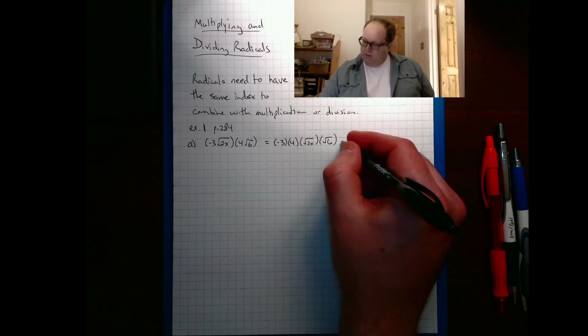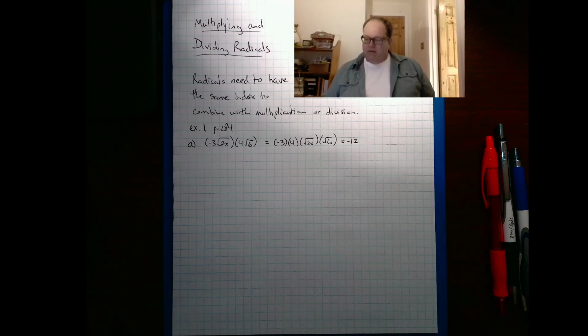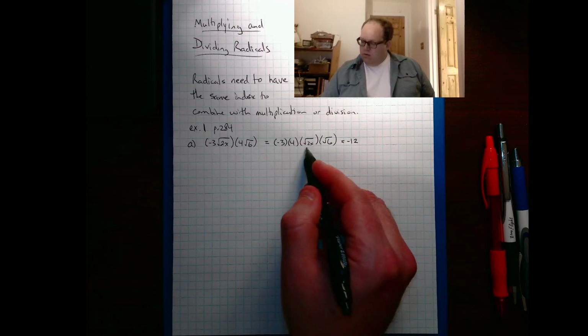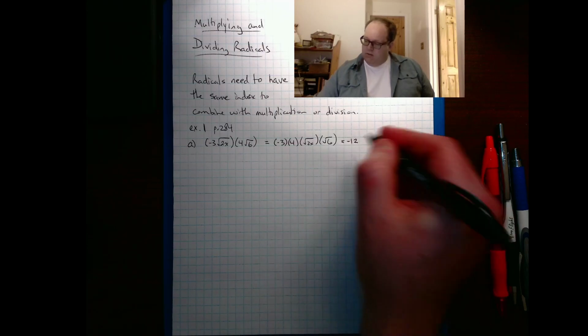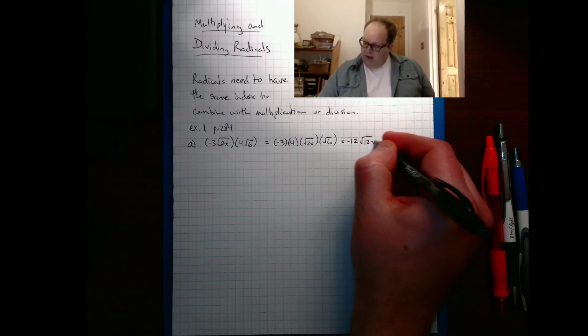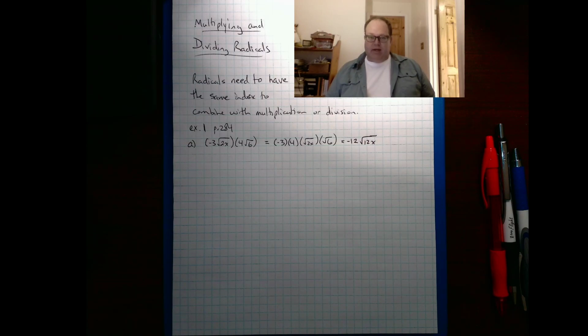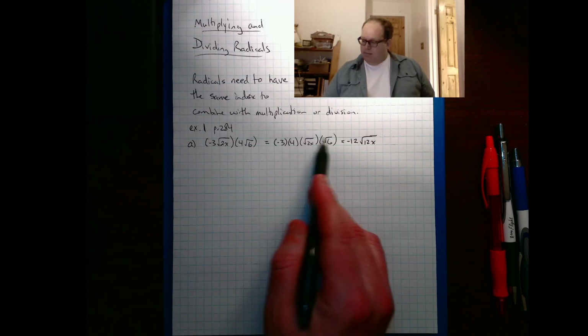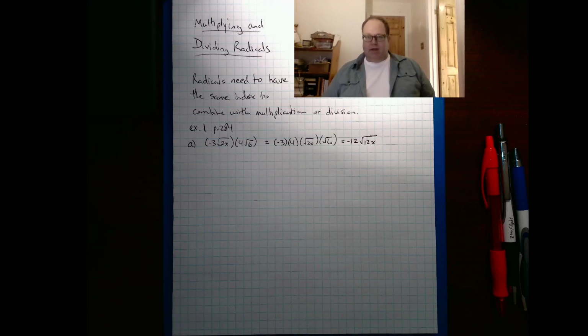Negative 3 times 4. That's negative 12. Root 2x times root 6 would just end up being root 12x. I just multiply the radicands together, and that's it. So as long as my indices are the same, then I just multiply the radicands together.